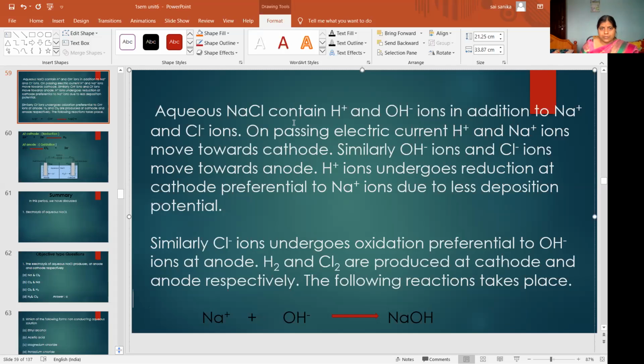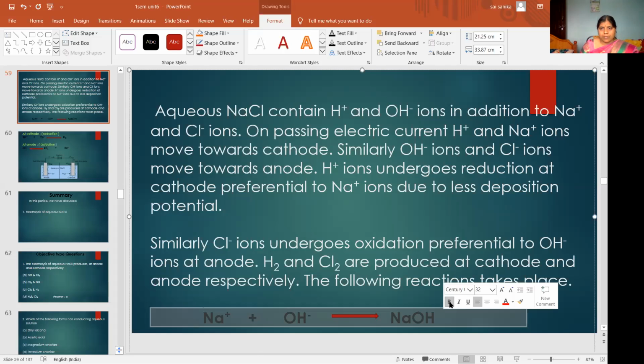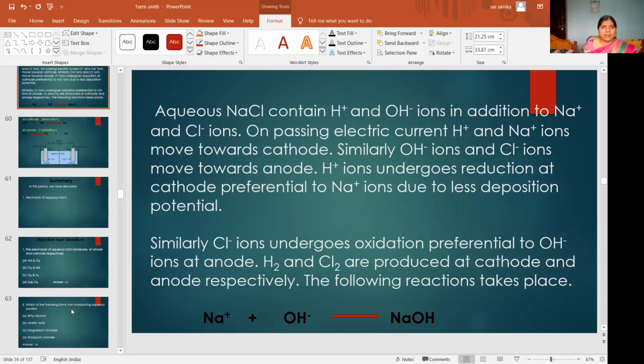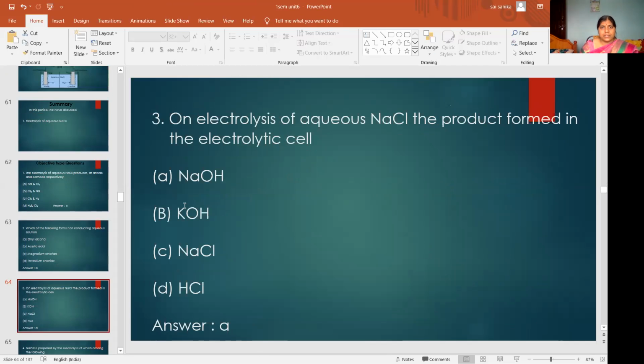Na plus and OH minus will combine and form sodium hydroxide. So which one is the option? Answer A is the correct one.